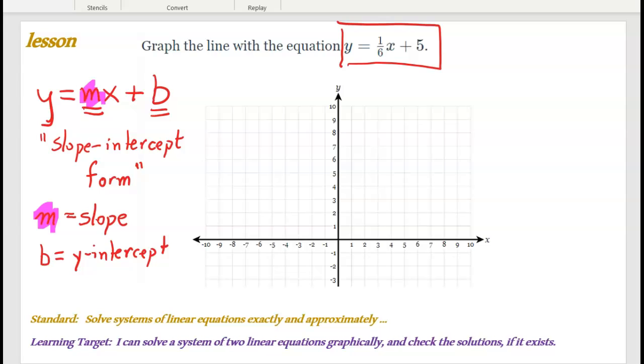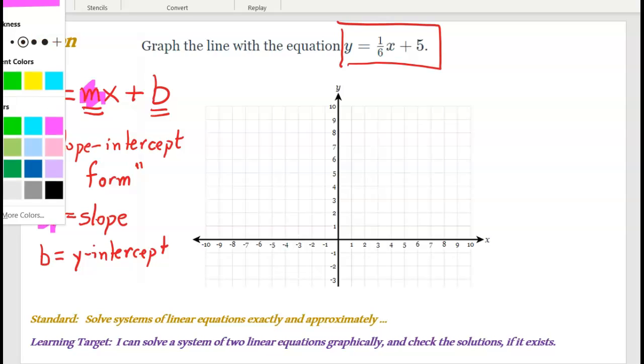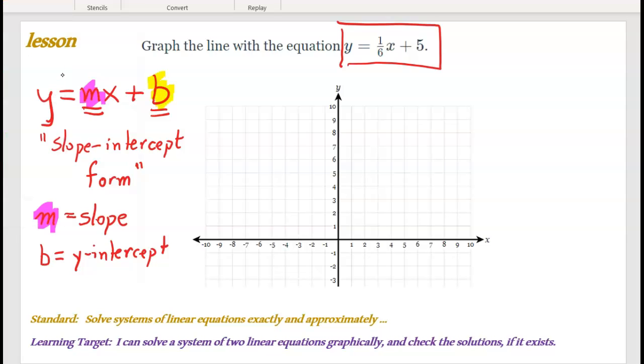So really, m tells you how steep the line is, whether it goes up or goes down, and then the y-intercept tells you where you cross the y-axis. So let's do an example. The y-intercept is 5, the constant by itself, the number that tells me where my line touches the y-axis.